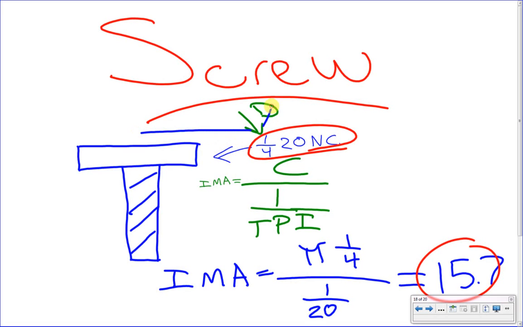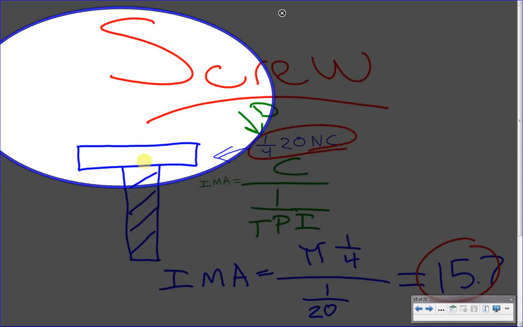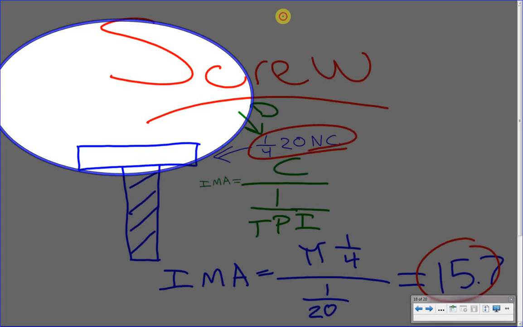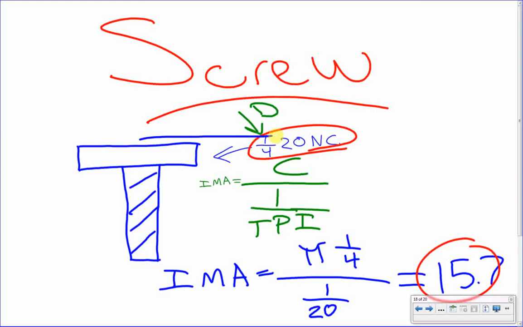Because I'm going to spin my wrench all the way around, let's say the wrench is 15 inches long, but my diameter is actually 30. Does that make sense? Because I'm spinning that wrench around. A 15-inch long wrench has a diameter of 30.